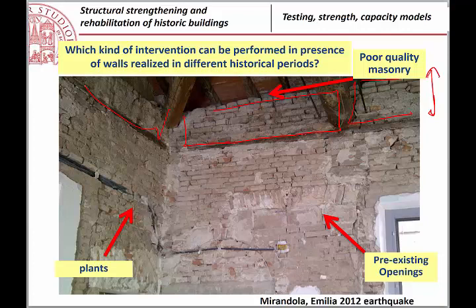Because when we must make an intervention on this building, for example for seismic purposes, the masonry is important up to the level of the wood beams. So this part of the masonry must also be able to collaborate to make the box behavior of a building.